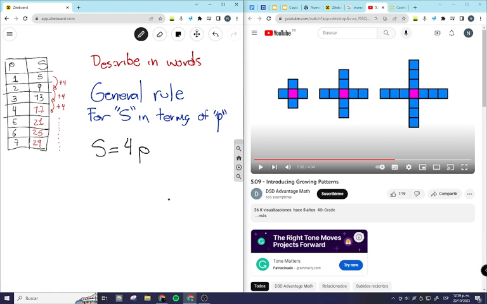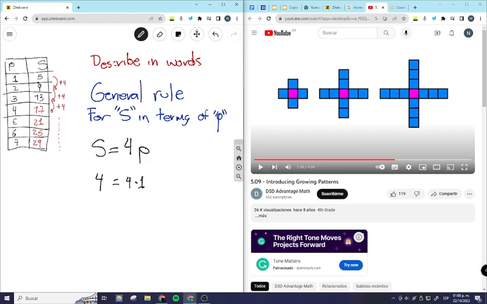But this is not the general rule yet, because let's check what we have here and if it corresponds with the information here. For example, we know that for position 1 we should get as a result 5, but let's multiply it. If it's position 1, it will be 4 multiplied by 1, and that is 4.